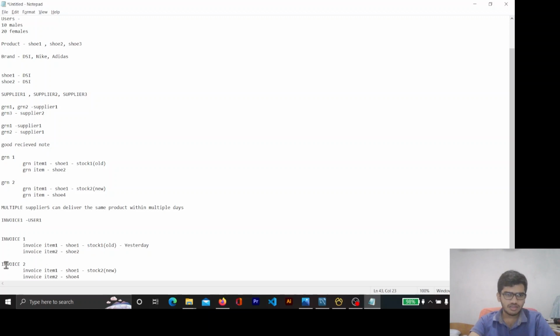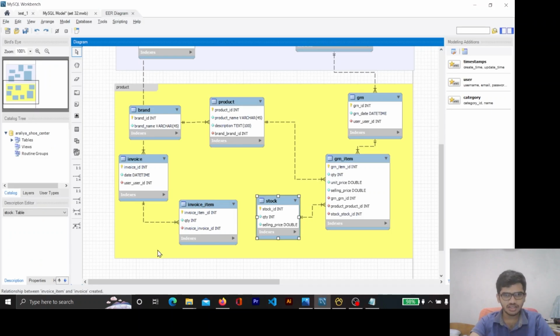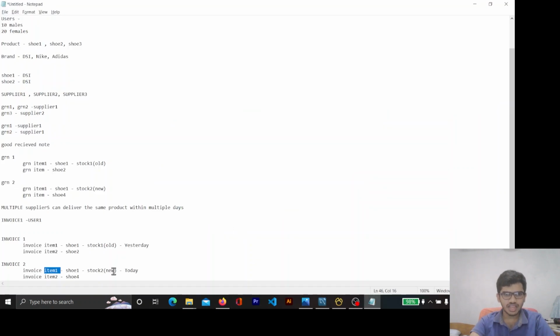And suppose a new customer comes today. Today we have a new stock, and he buys the same shoe. But this time it is invoice item 1. This time we can't give the customer the old stock, because we have a new stock.